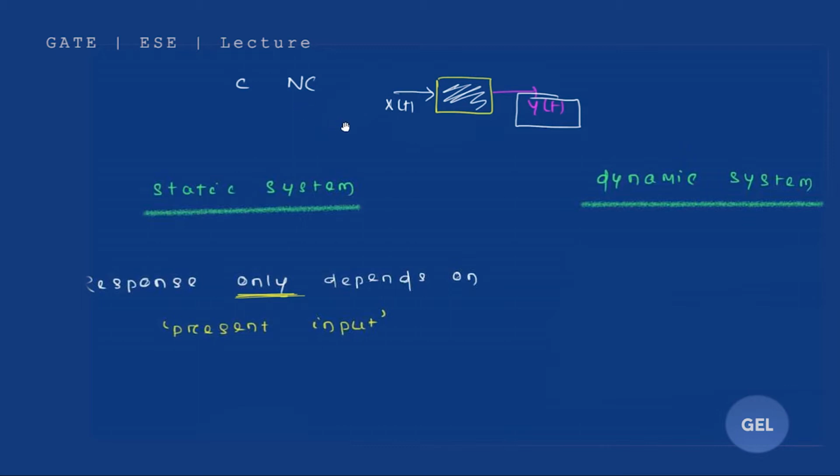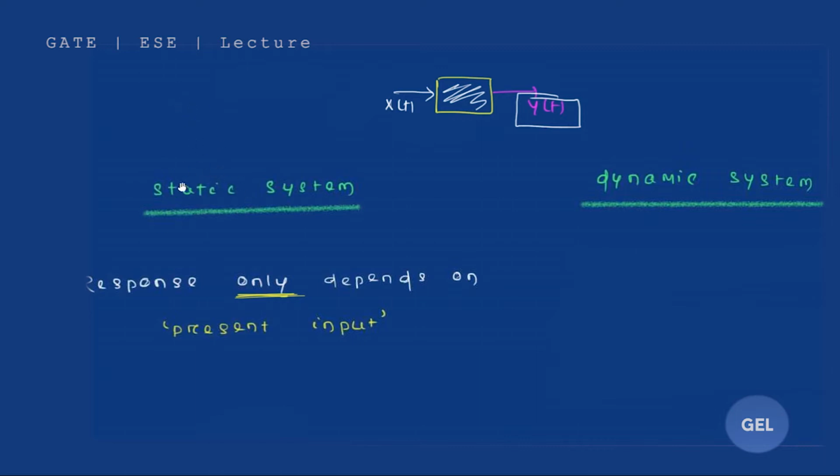Don't get yourself confused, because once you get into causal and non-causal, you will have forgotten static and dynamic. Okay, so before getting to that, in order to make you comfortable and so that you don't forget this concept, I'll tell you a trick. Please remember this trick. Static means स्थिर चित.